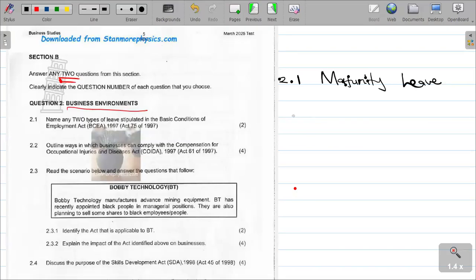We also have paternity leave, normally a leave for the father, right?